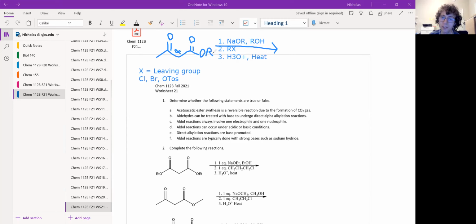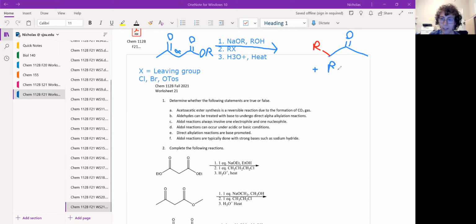I went over the details of this reaction kind of in depth on the last worksheet, so you can refer to that recording for the details. But in the end, the product you get is acetone, where we've added an alkyl group to the alpha position.